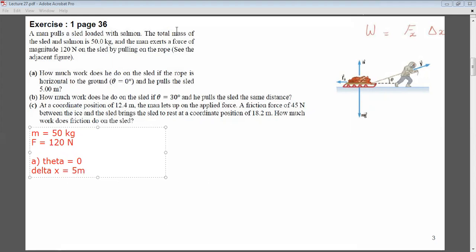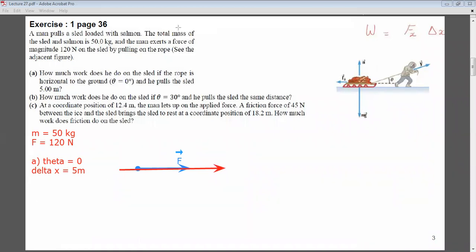What does it mean theta is 0? It means if this is my object, theta is 0 implies the force is in this direction. So this is F, and it's moving along this axis. So we can draw the x-axis in this direction.